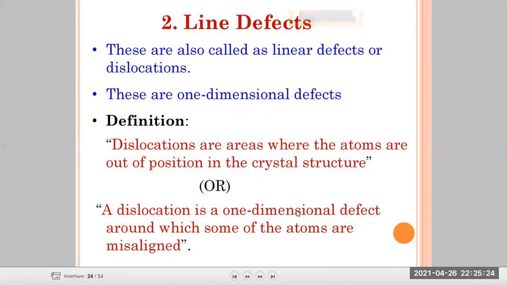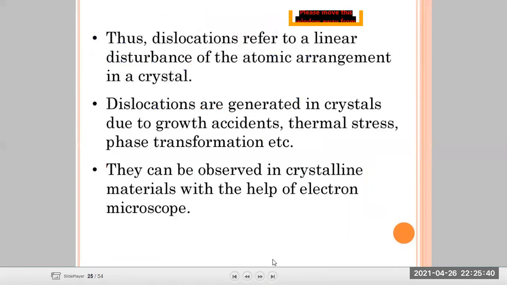If the atoms are not arranged in this format, we say that is a dislocation, a one-dimensional defect around which some of the atoms are not exactly aligned in a particular direction. Thus, dislocation refers to a linear disturbance of the atomic arrangement in a crystal, and dislocations are generated inside the crystal due to growth accidents, thermal stress, phase transformation, etc.